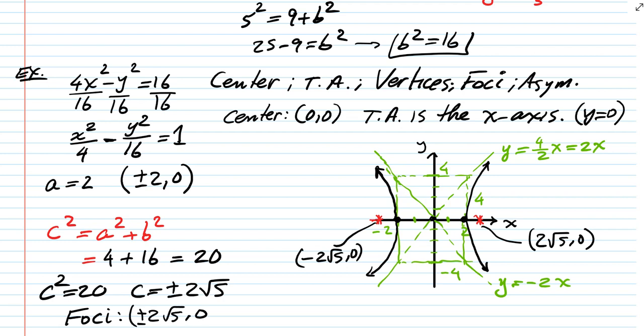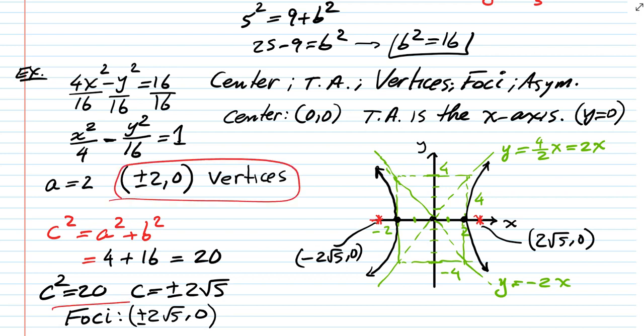Again, you could break this into 2 points. There you have, I found the vertices. I just want to make sure I answered all of the questions. We got the vertices, we got the foci, the asymptotes we found, and yeah, pretty much that's a complete analysis of that hyperbola.